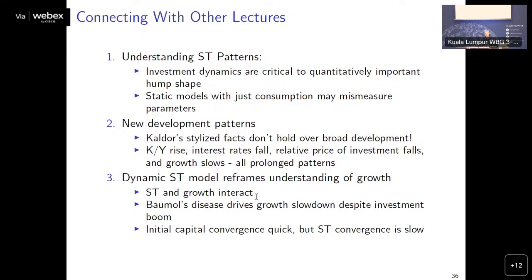Baumol's disease is a stronger force than the accumulation of capital, and that's why we get the slowdown. The initial capital convergence, the transition stuff that we usually focus on, happens very quickly. The medium-term structural transformation movements happen much more slowly, in ways that are more consistent with the patterns we see in the data.